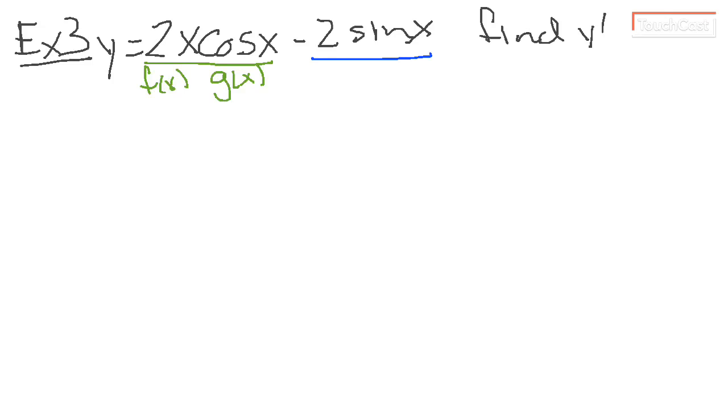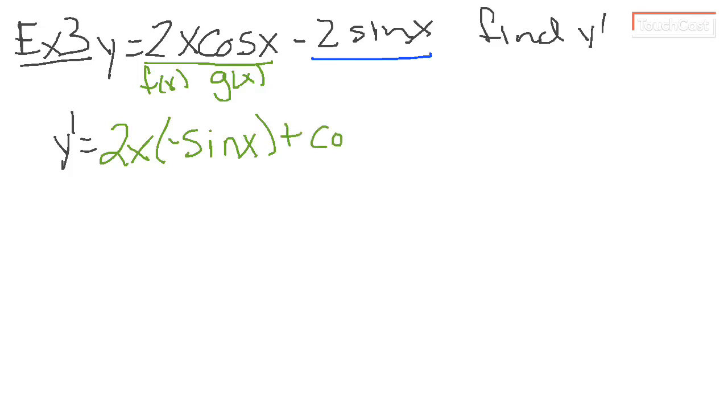We're going to have y prime equals, in green, we're going to have f of x is 2x. Based off of our last lesson, the derivative of cosine is negative sine. So we've got our f times g prime. Now we have to do our g, cosine x, times f prime. And f prime is going to be 2.